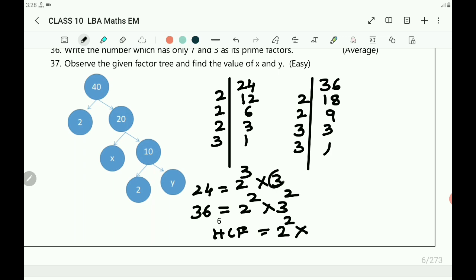Then 3 is there. 3 square is there, so 3 is the common factor. The least power is 1. Here 3 power 1. We have to take this 3 power 1. That equals 2 power 2 is 4, 4 into 3, which is equal to 12. So 12 is the HCF.